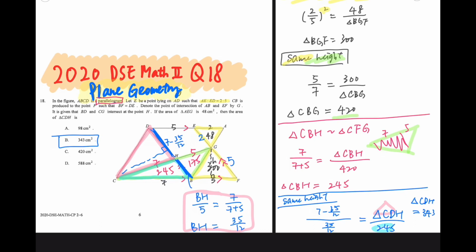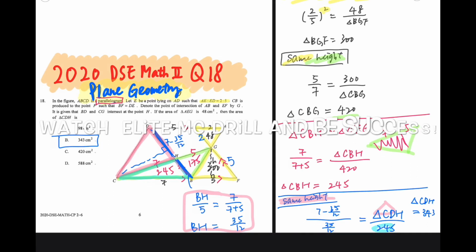And then we sort out the final part for the same height problem, look for the ratio of two bases, and then we can look for the triangle area. So in total, it is a mix of 2 times similar triangle and 2 times same height problem. That is the skill for our 2020 Math DSE Paper 2 question number 18.